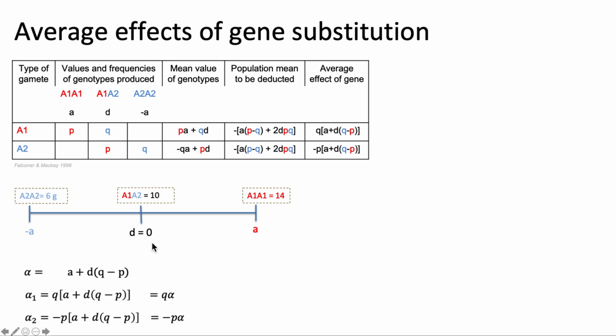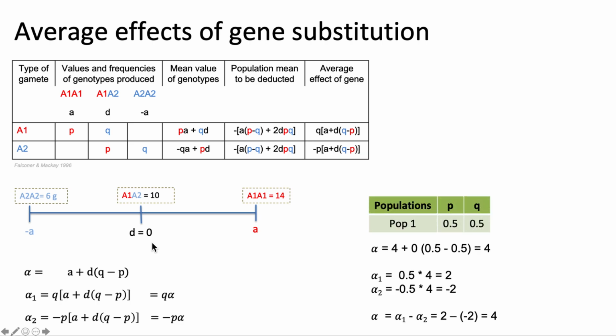And we're going to use the same formulas to estimate the allele substitution effect and the effect of the alleles A1 and A2. I'm also going to use different allele frequencies again just to show you the concept.